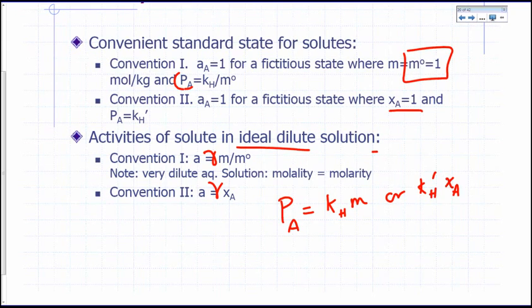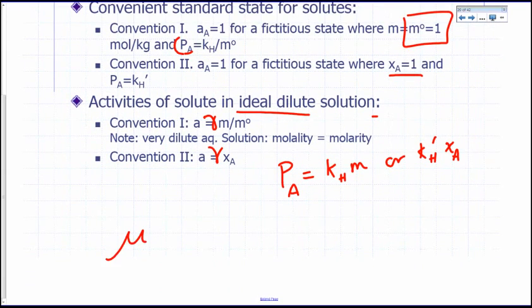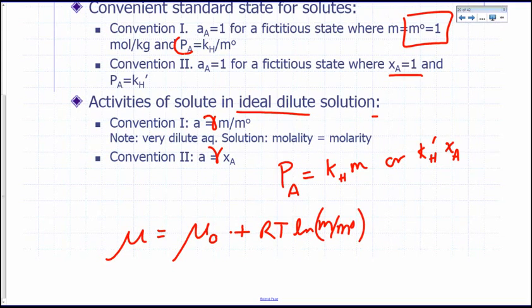Regardless of which convention you use, you are going to get the same activity coefficient. In one case, the chemical potential is equal to mu naught plus RT ln molality over M naught, so your activity is M over M naught, and the correction term if it's not ideal would be RT ln gamma.